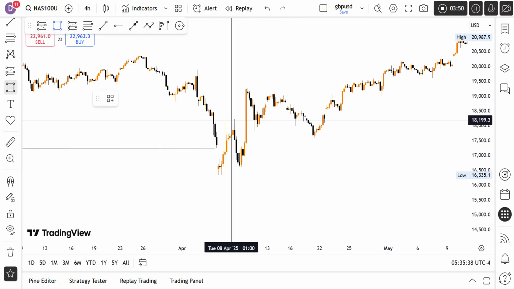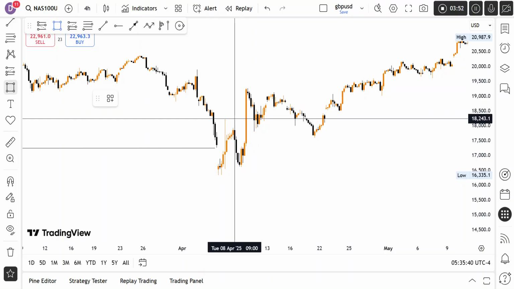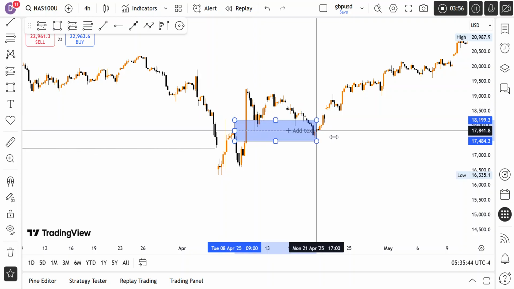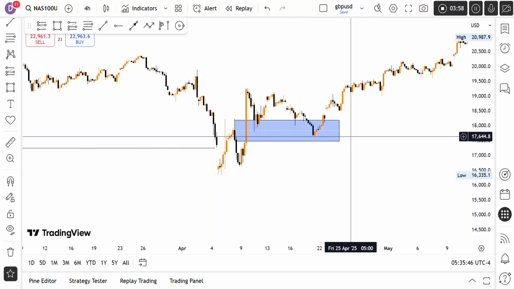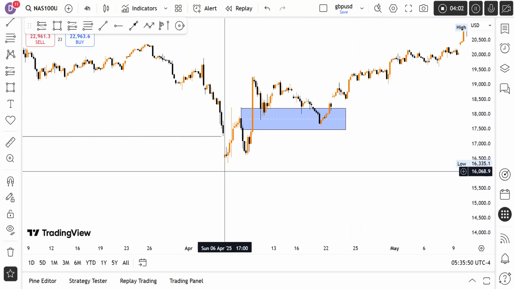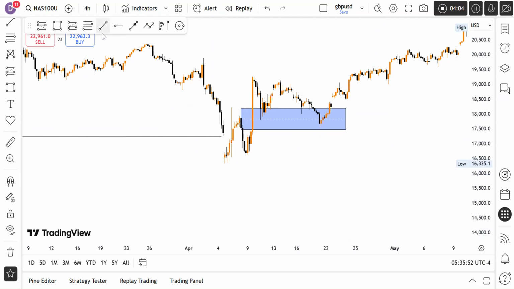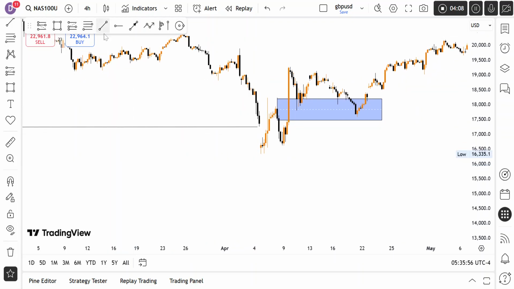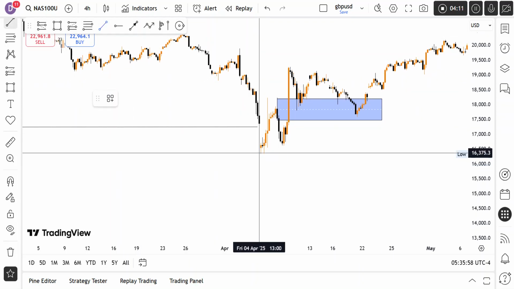Now at this break, I'm going to mark it. This is going to be our zone to repair and then the perfect trade. This is the zone, and we're going to look for this zone too because we don't want to miss anything.